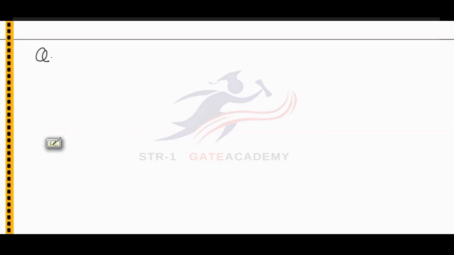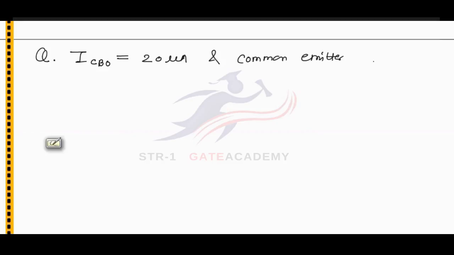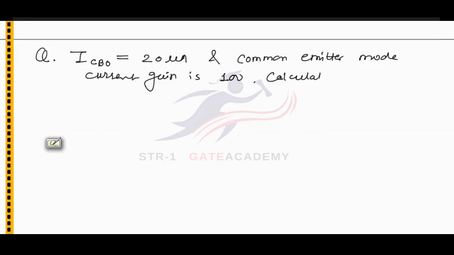Next question. The collector to base reverse saturation current for a transistor, ICBO, equals 20 microamperes and the common emitter mode current gain is 100. Calculate ICEO, the collector to emitter current when base is open.